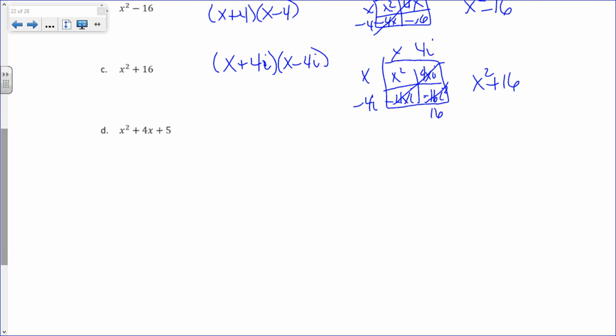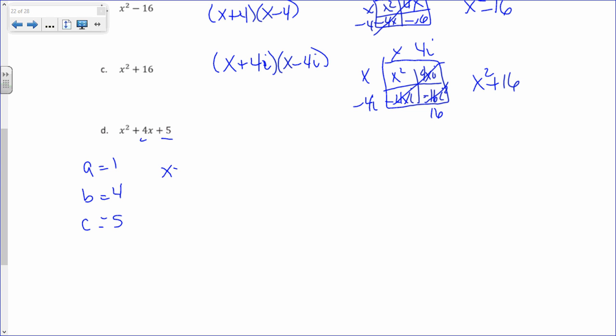So then for the last one here, it is not factorable because there are not factors of 5 that add up to 4. So I'm actually going to have to use the quadratic formula to help me factor. So a is 1, b is 4, and c is 5.